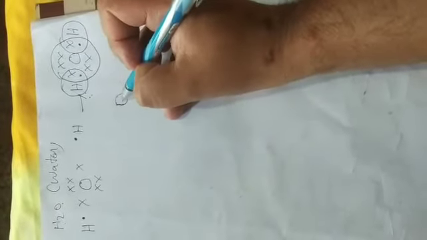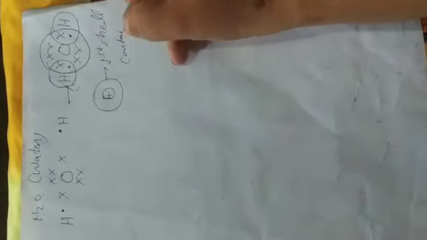And hydrogen has 2 electrons in its outermost shell because hydrogen has only one shell, and the first shell can contain a maximum of 2 electrons.